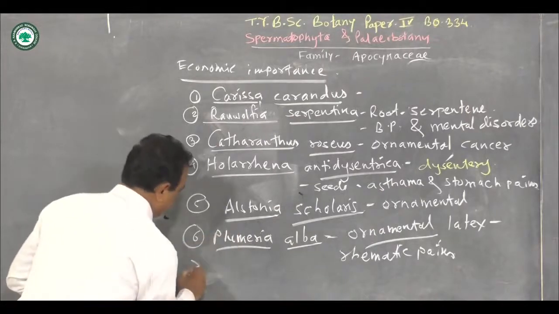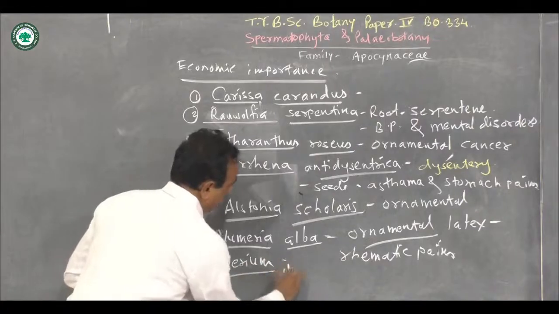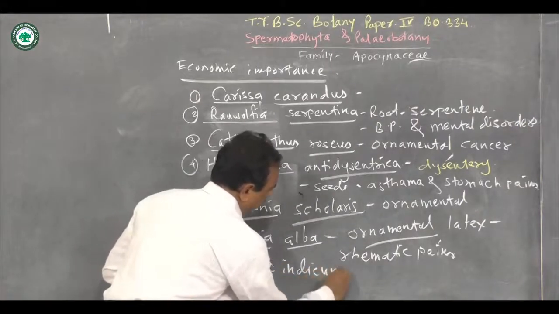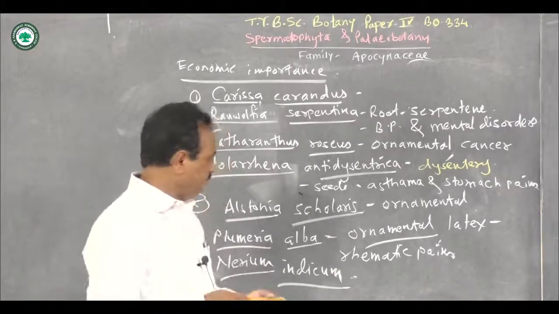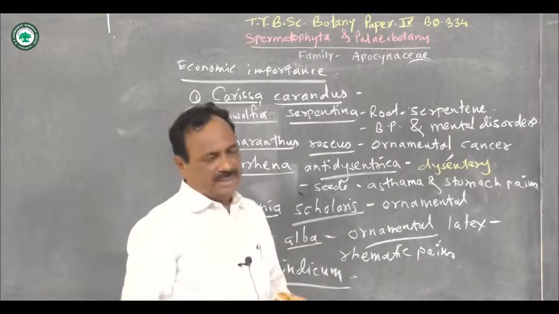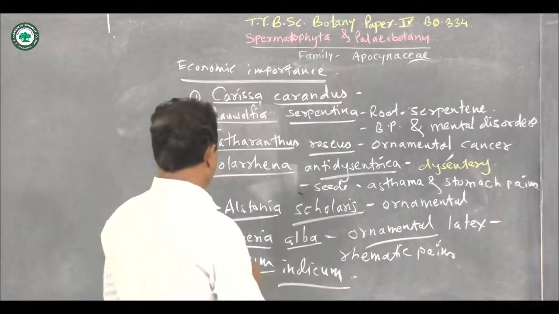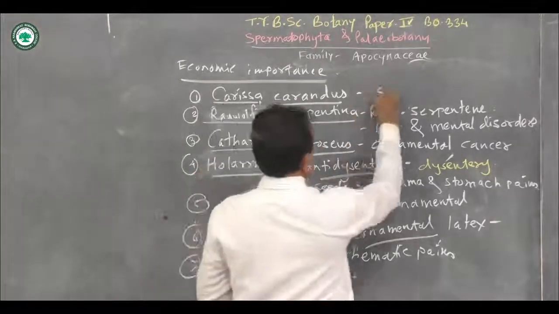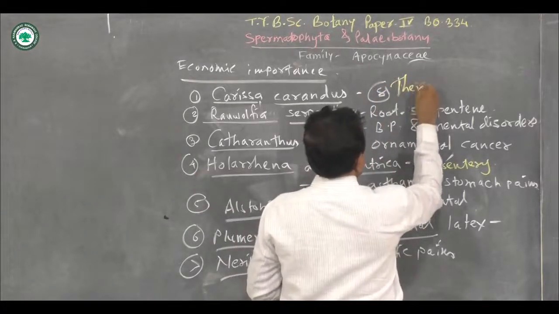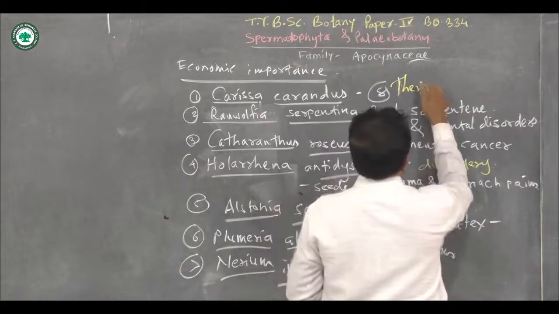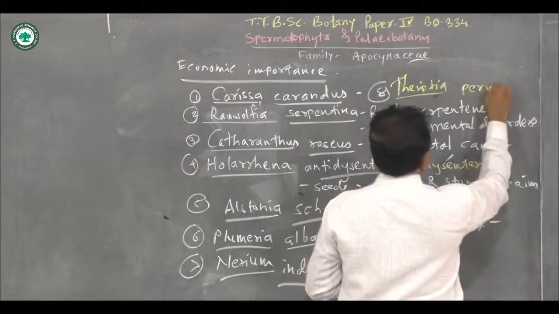Then next is the Nerium indicum. This plant shows large attractive flowers, and it is also planted as an ornamental plant. And the another plant is Thevetia peruviana.